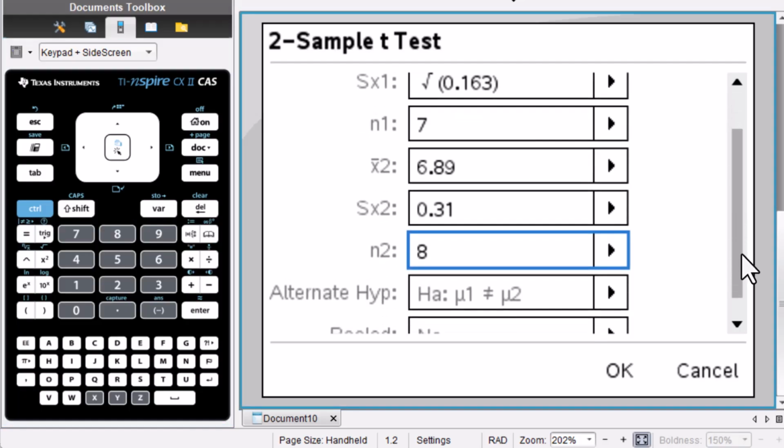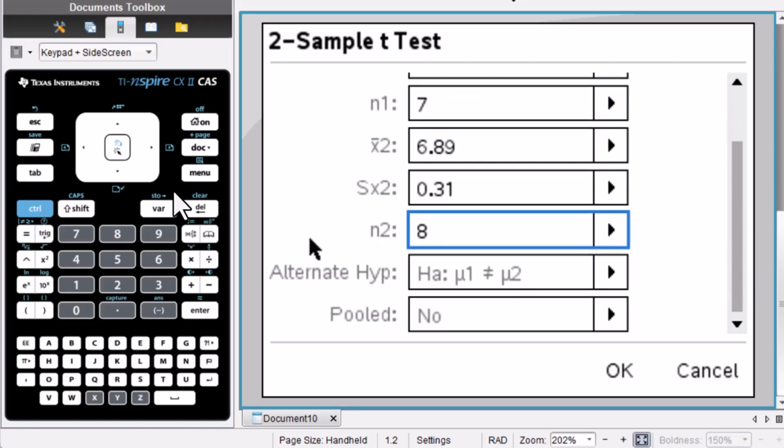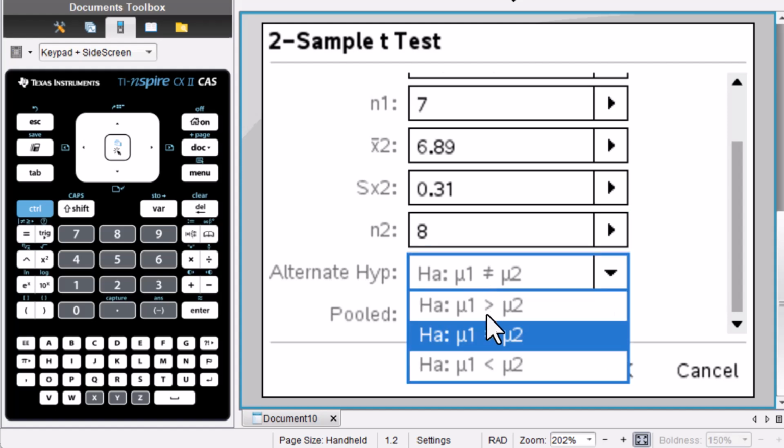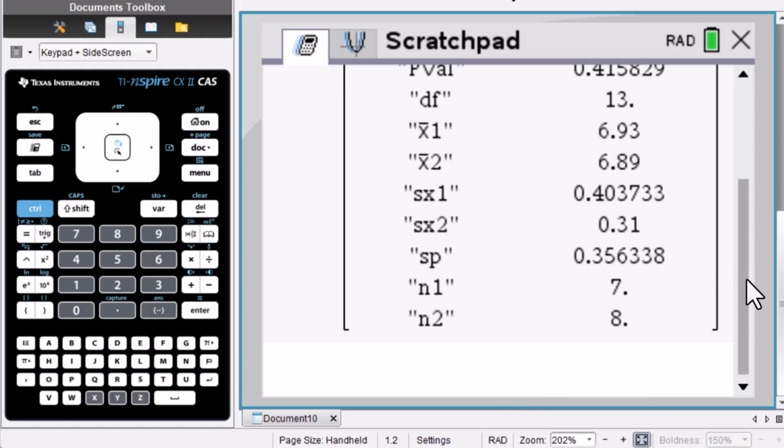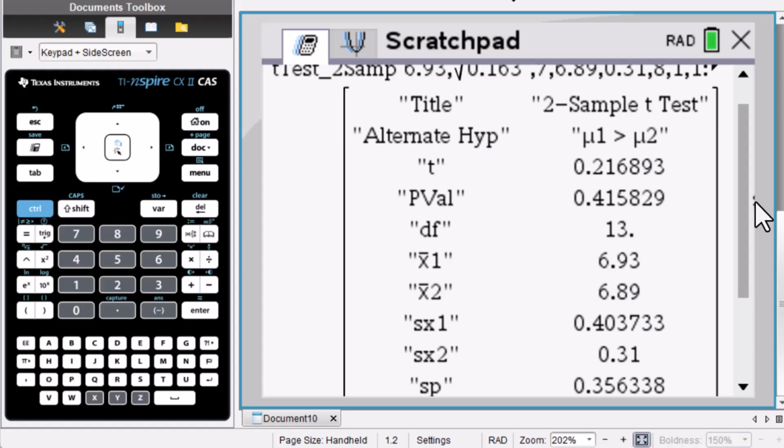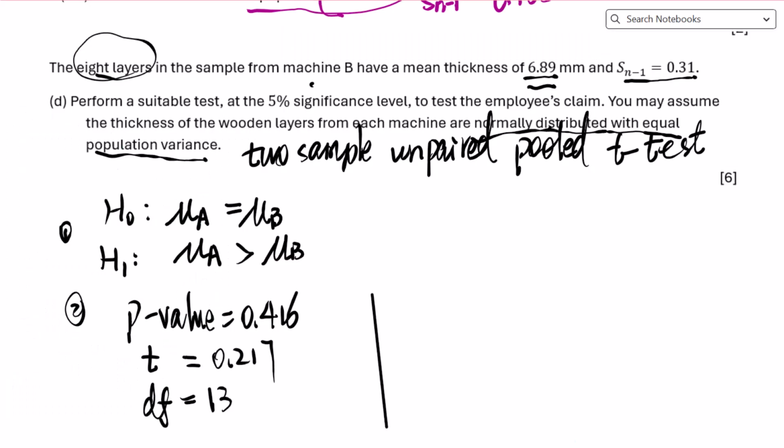Then going down. H1 is mu1 greater than mu2. Pooled, yes. Then enter. We got p-value equals 0.416. T equals 0.217. df equals 13. Let's draw the conclusion.